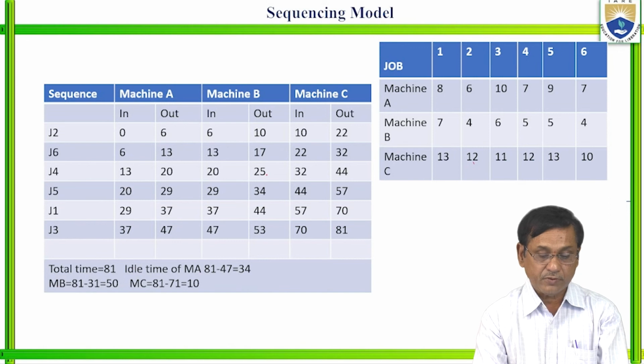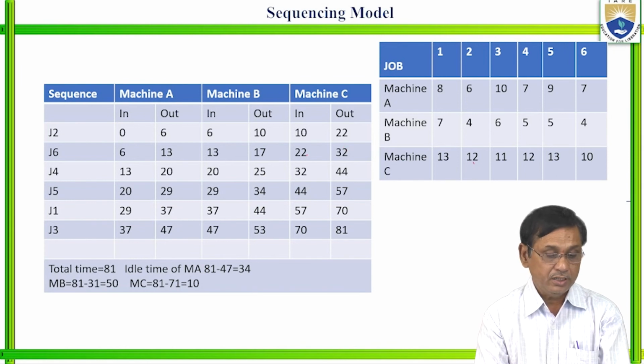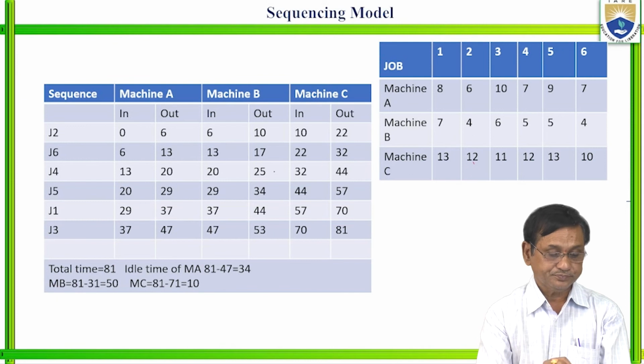The processing time required is 5, so 25 it will be completed. Then it has to wait up to 32 because J6 is still processing on machine C, and it will be finished by the 44th hour.